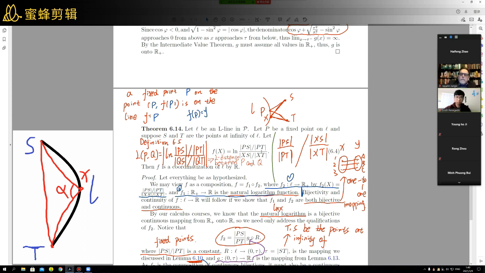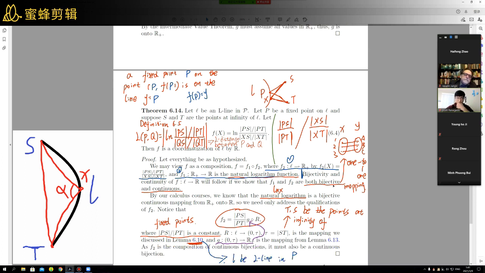And f1 maps R plus to R. It's the natural logarithmic function. That f is bijective and continuous from L to R will follow if we show that f1 and f2 are both bijective and continuous.